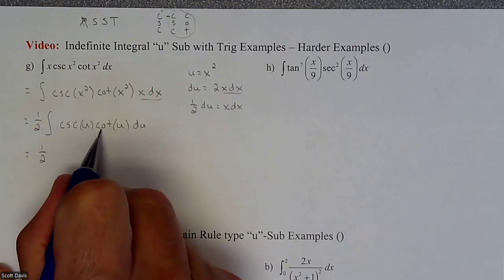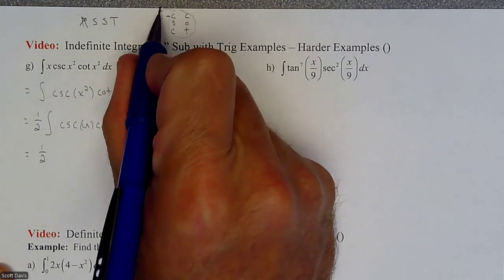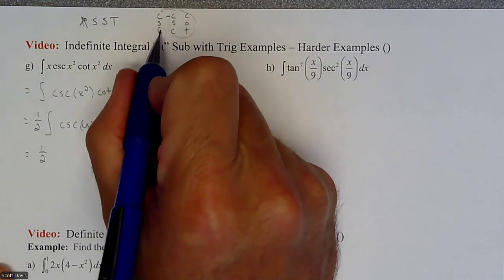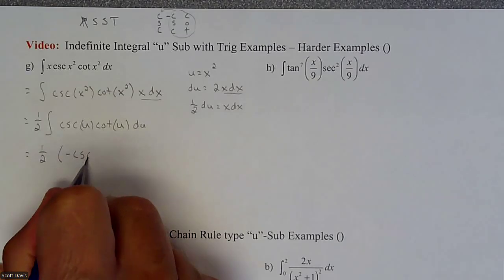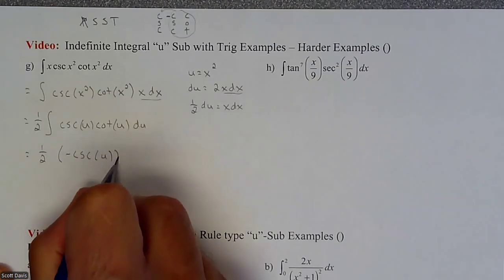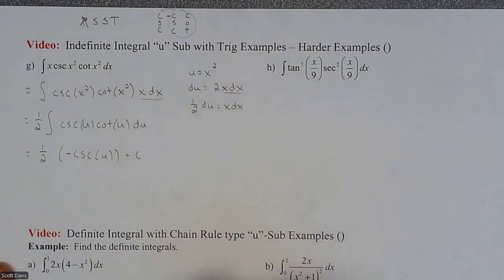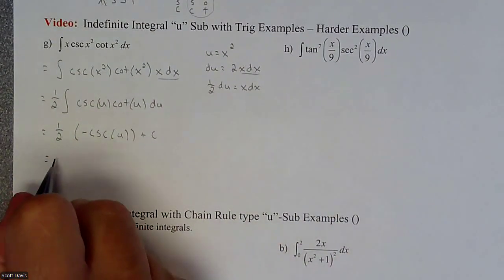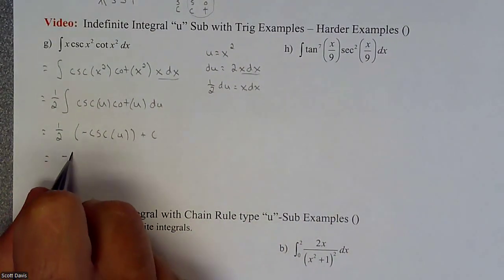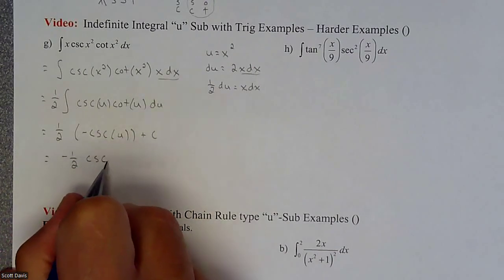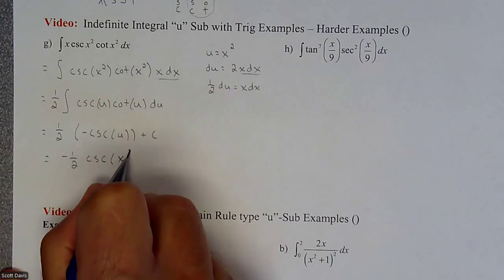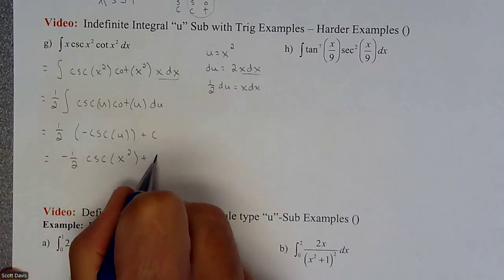The antiderivative of cosecant cotangent is the negative cosecant. And then I can put the u back in. So we're looking at a negative 1/2 cosecant x squared plus c.